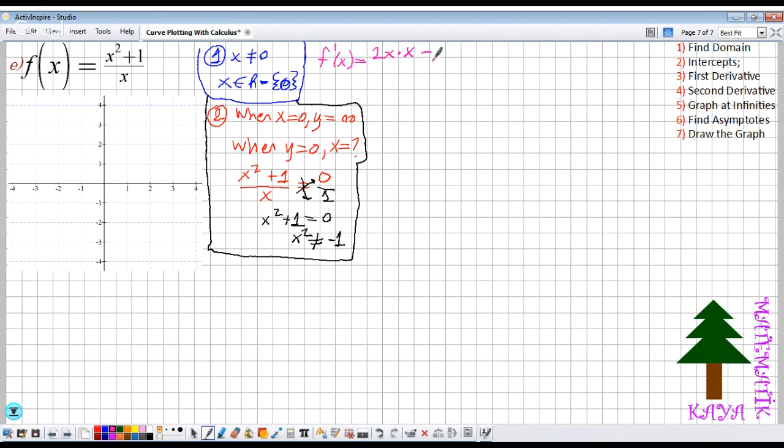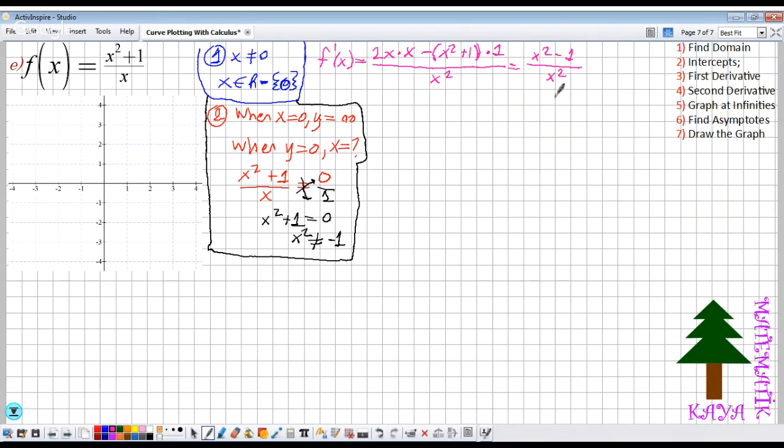Then minus numerator, same again, x squared plus 1. Since it is a sum, we should keep it in parentheses. Then times derivative of denominator, derivative of x is 1, over denominator to the power 2. So 2x times x will be 2x squared, and minus x squared comes from there, so it's going to be x squared. Minus times plus 1 will be minus 1, and x squared minus 1 from there over x squared.